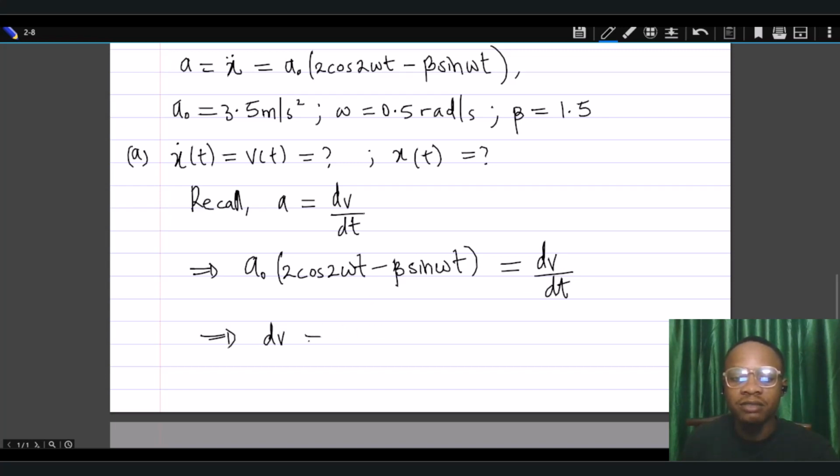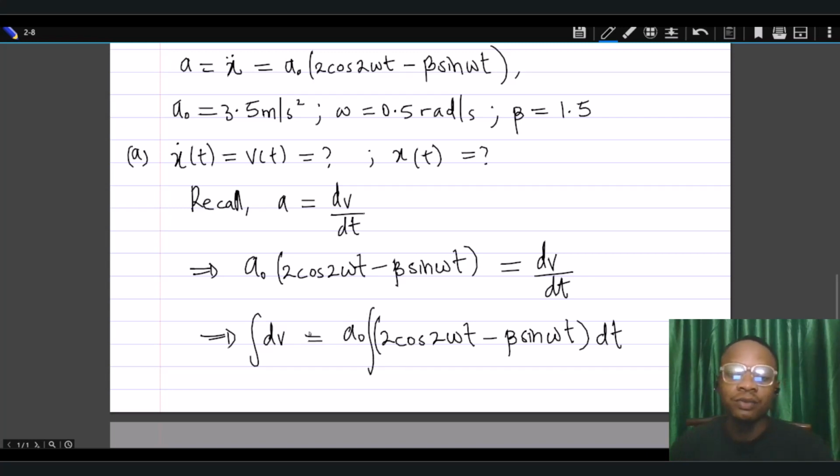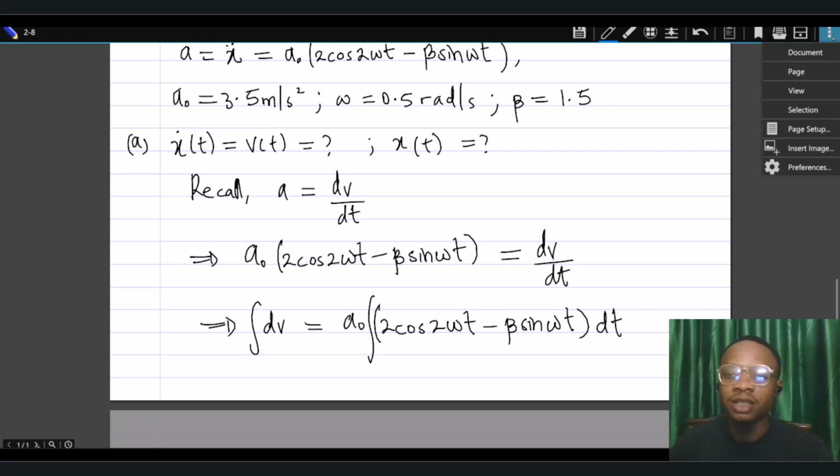This gives us dv equals a naught into 2 cos 2 omega t minus beta sine omega t, then dt. We already know a naught is a constant, so we can integrate this directly. We can leave this out and just integrate this. And of course, we might be interested in putting in the initial conditions directly.